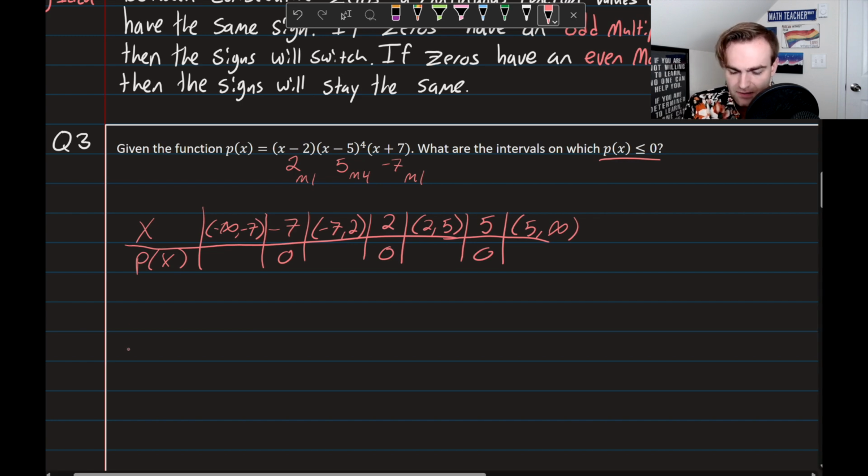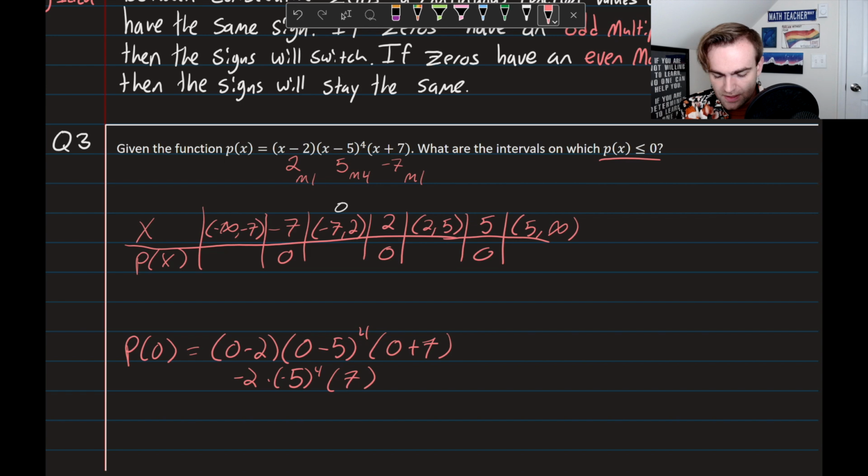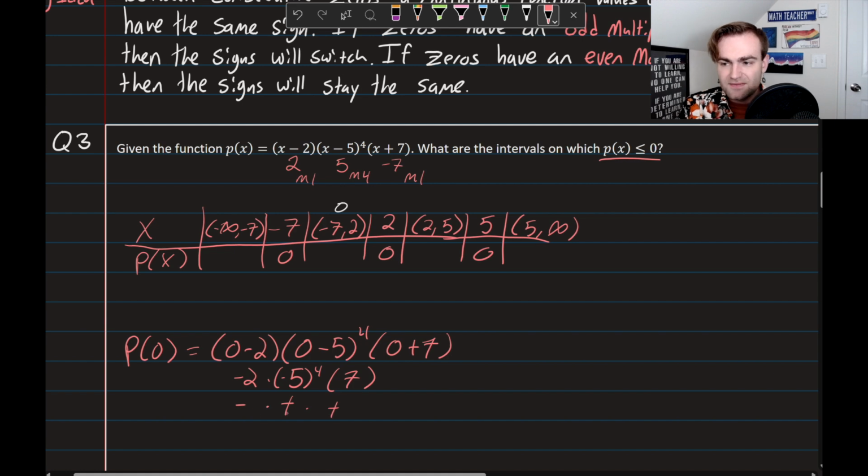So let's find p of 0, which would be in this interval here. p of 0 would be 0 minus 2 times 0 minus 5 to the 4th power times 0 plus 7. So we get -2 times -5 to the 4th times 7. That is a number I'm not really wanting to deal with. I do know that this is negative. A negative to the 4th power would be positive, and this is positive, so it's a negative times a positive times a positive. It should be negative in that interval.